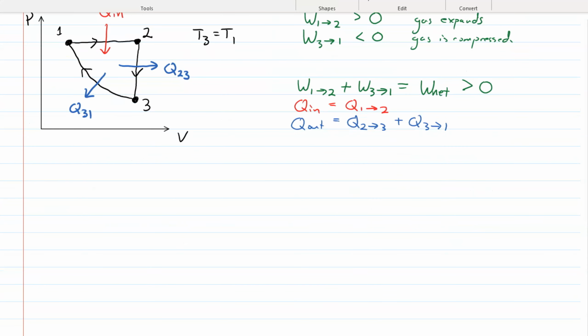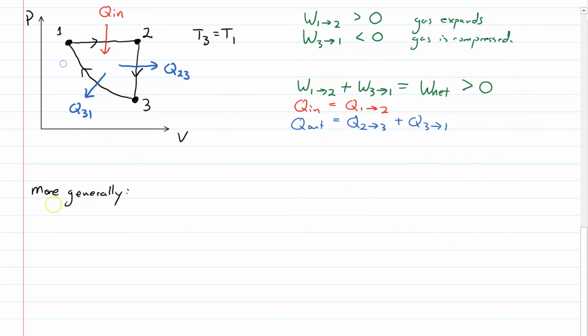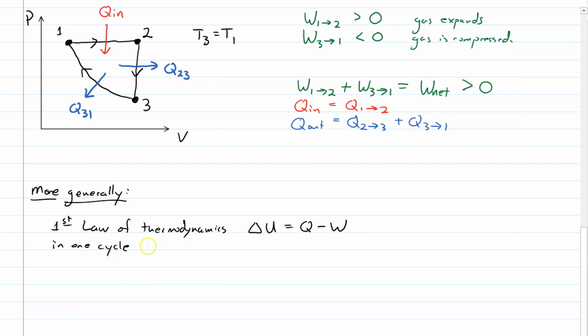Let's think more generally now about heat engines. So let's use the first law of thermodynamics. Delta U is equal to Q minus W. Okay, so in one cycle, U final is equal to U initial, which means that delta U is equal to 0.